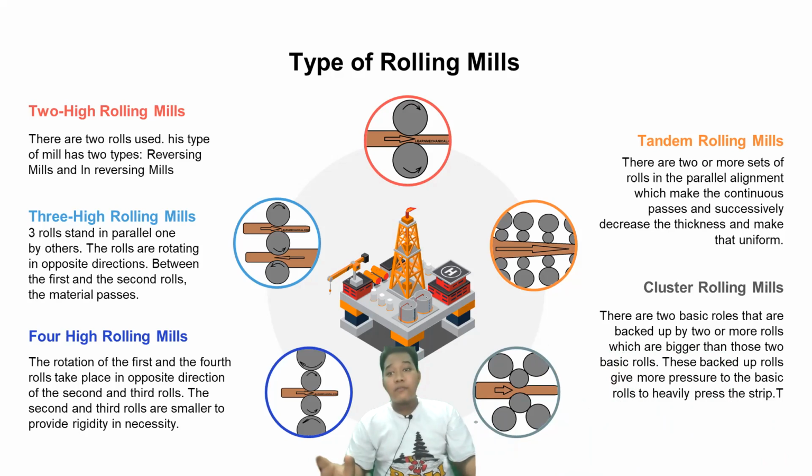The cluster rolling mill is basically two basic rollers that are stacked with two other rolling mills that are used to increase the pressure of the basic mills, so it creates more pressure on the workpiece.